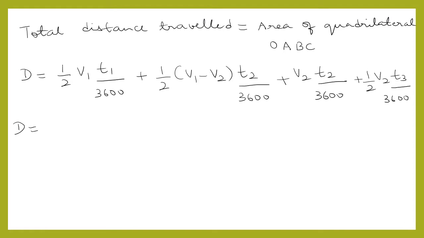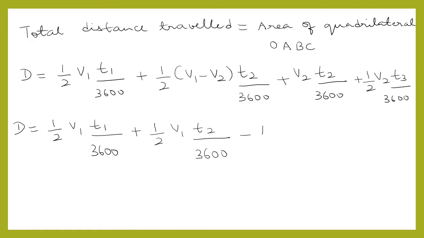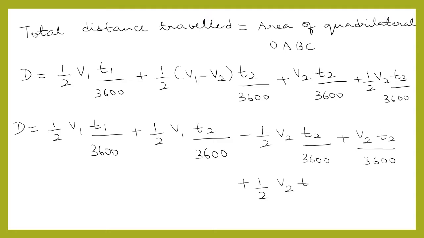So D is equal to half V1 T1 by 3600 plus half V1 T2 by 3600 minus half V2 T2 by 3600 plus V2 T2 by 3600 plus half V2 T3 by 3600.